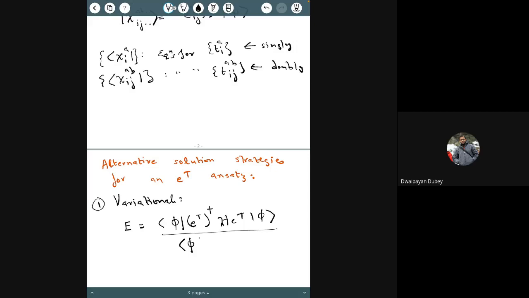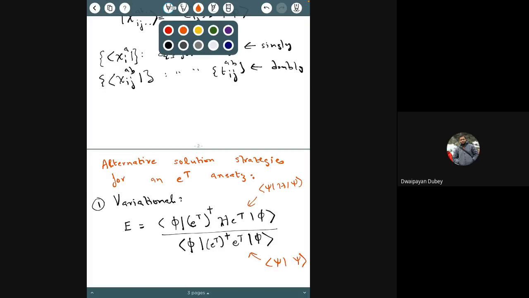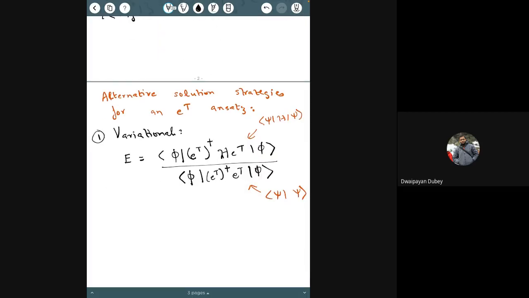So I have to divide by the overlap, that is e to the power t dagger, e to the power t phi. So I hope you understood this expression. And this is the expression that you would normally minimize variationally to get your equations for the variables.